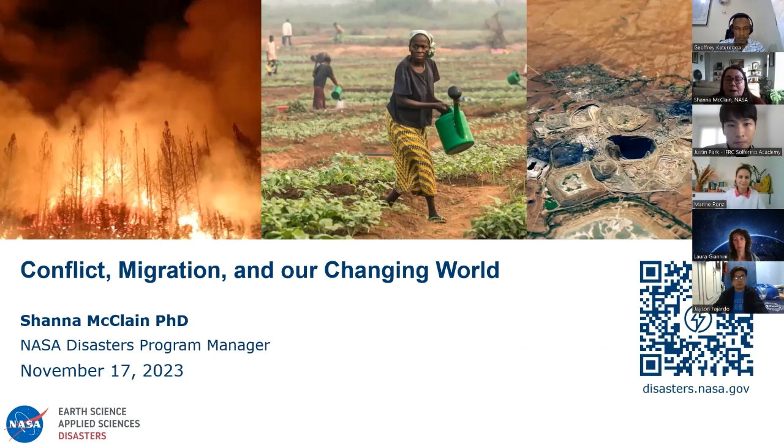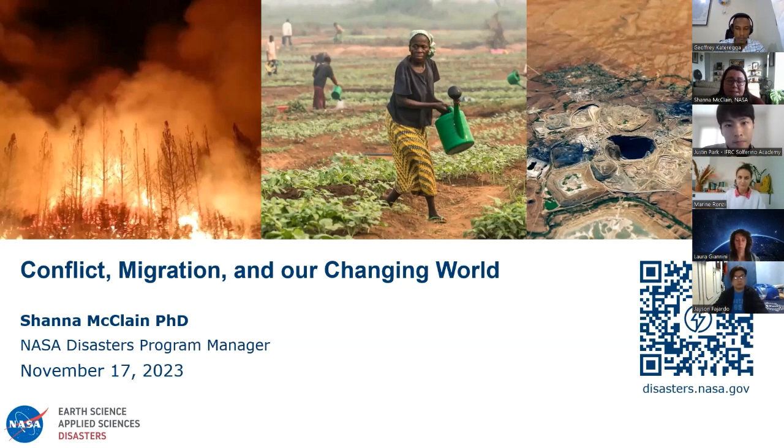There's a nexus between the human dimension and our changing environment that drives both our lives and livelihoods, but also how our lives and livelihoods change and impact the environment, and therefore climate change.